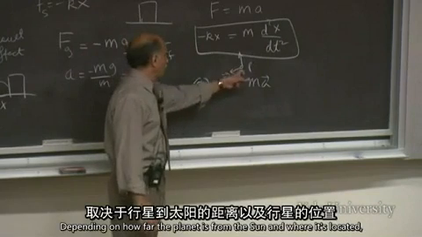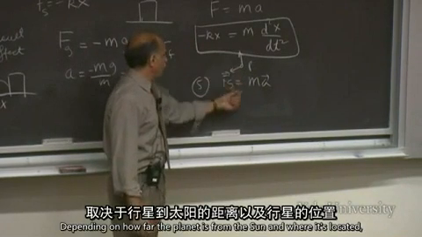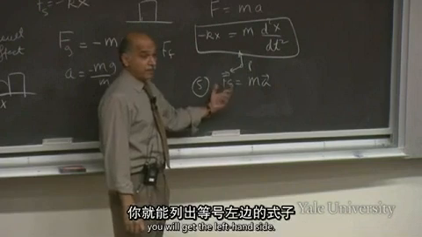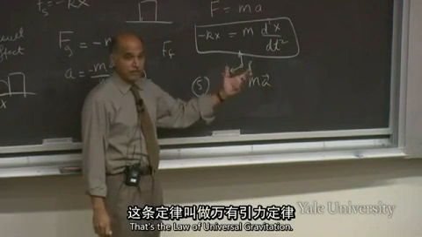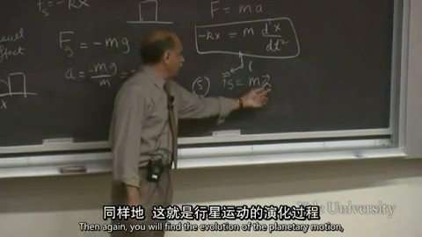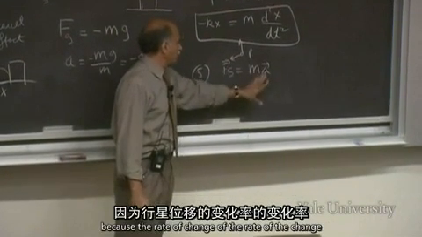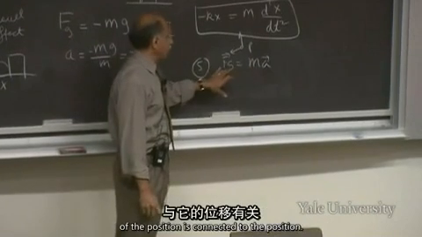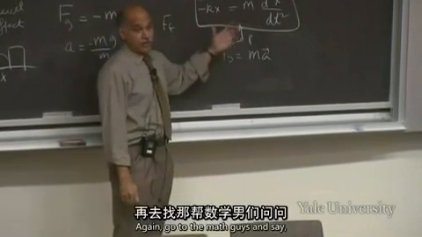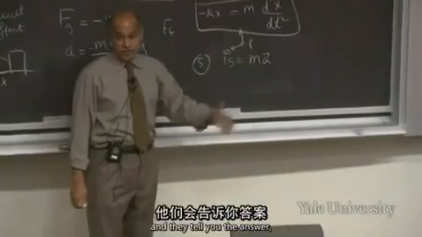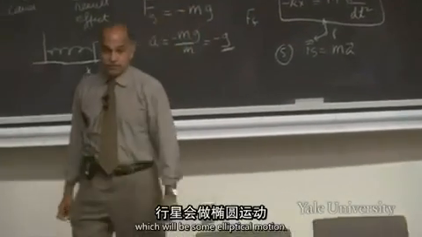So depending on how far the planet is from the sun and where it's located, you will get the left-hand side. That's another law. That's the law of universal gravitation. Then again, you will find the evolution of the planetary motion, because the rate of change of position is connected to the position. Then you again go to the math guys and say, what's the answer to that? And they tell you the answer, which will be some elliptical motion.